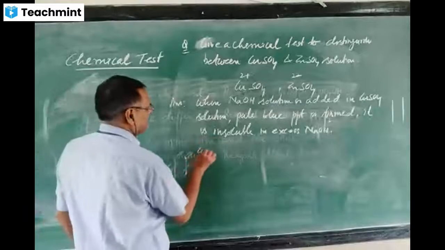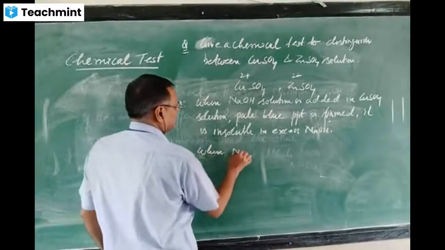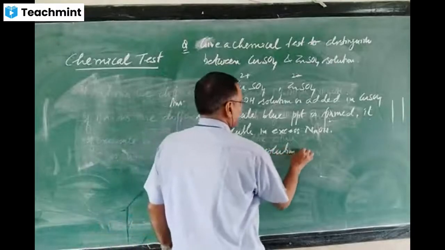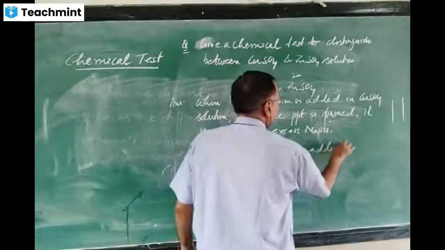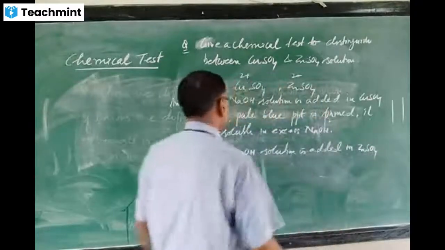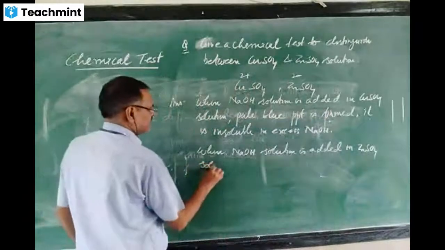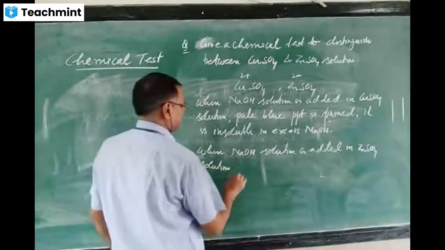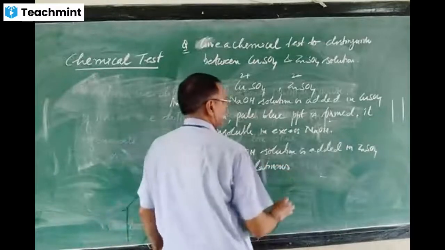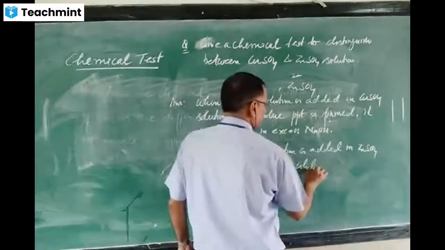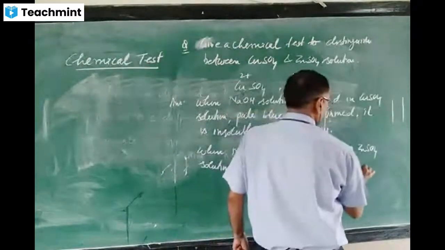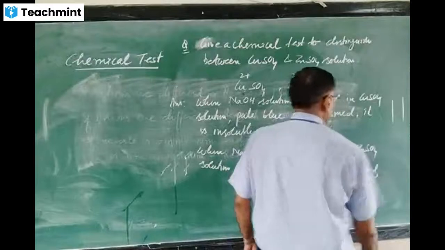For zinc sulfate, when sodium hydroxide solution is added in zinc sulfate solution, a gelatinous white precipitate is formed.